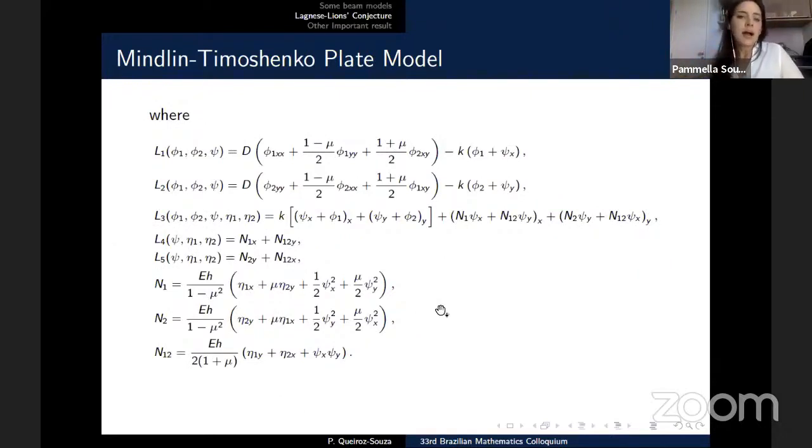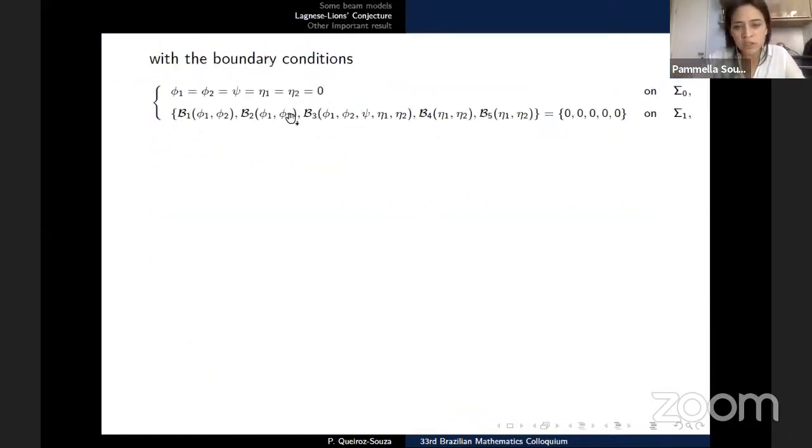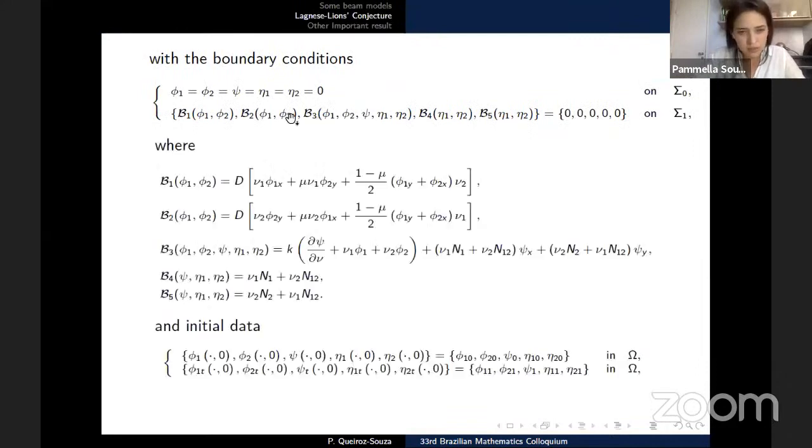And now I'm interested in studying this problem, the bidimensional nonlinear Mindlin-Timoshenko system with these boundary conditions and this initial data. And here, for the boundary conditions, it's possible to see the operators B1, B2, B3, B4, and B5 defined here.